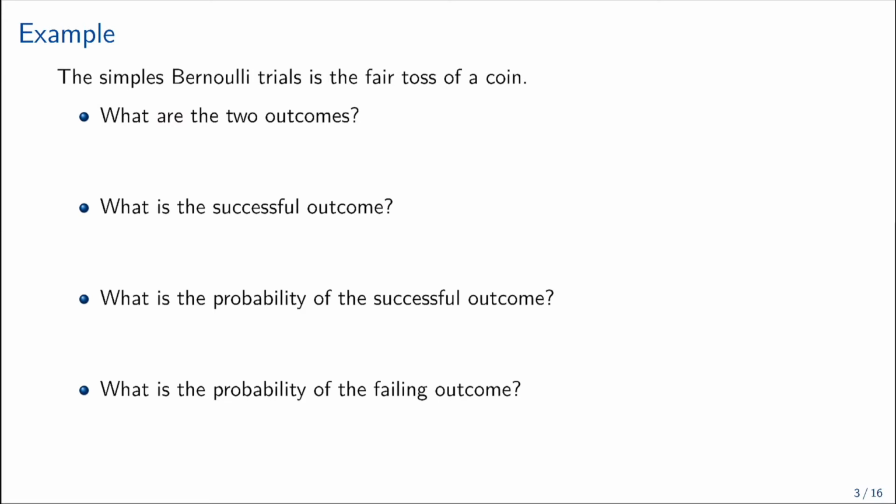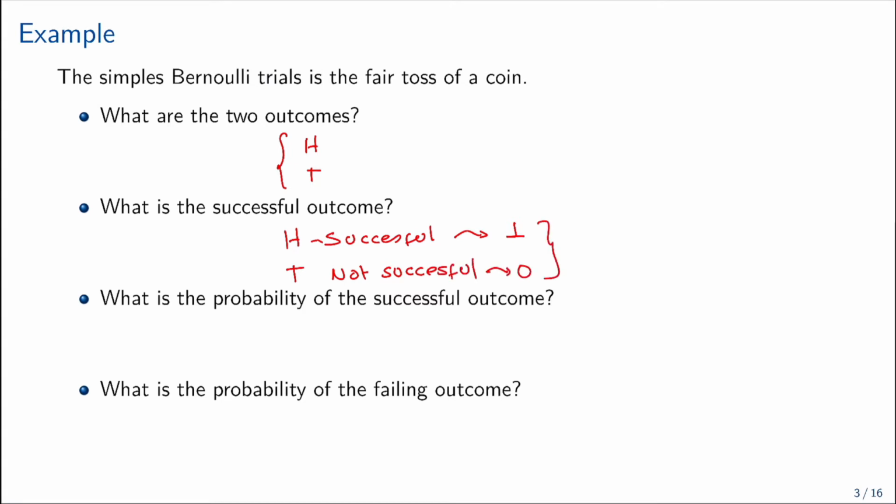The simplest Bernoulli trial is the fair toss of a coin. So what are the outcomes of flipping a coin? We either have heads or tails. What is the successful outcome? Let's say that heads is successful, and we denote it by 1, and tails is not successful, and we denote it by 0.